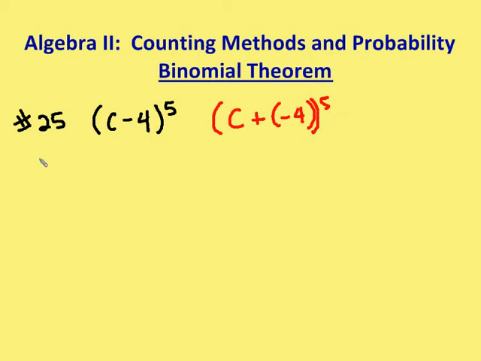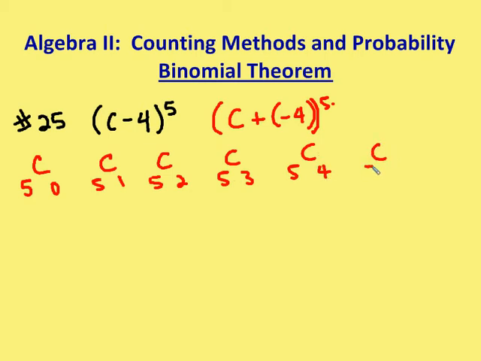So I figure out my combinations, my coefficients. So I have 5 choose 0, 5 choose 1, 5 choose 2, 5 choose 3, 5 choose 4, and 5 choose 5. Remember, there are going to be 6, one more than the exponent value.